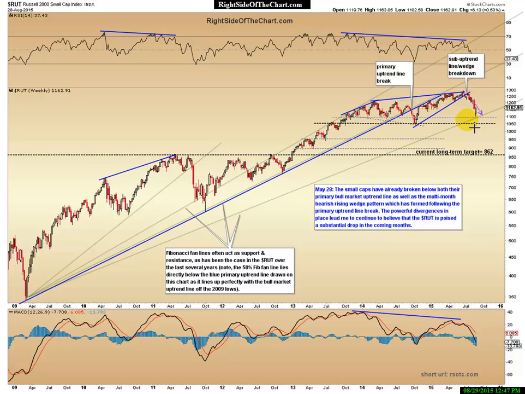So in one aspect, I often talk about how I expect a reaction off an initial tag of support. So I don't think these fib fan lines will hold forever, but with the Russell and some other key stocks or sectors hitting some of my downside targets, including the NASDAQ 100, we could be looking at a bounce here that lasts for a few weeks, possibly a few months or more.